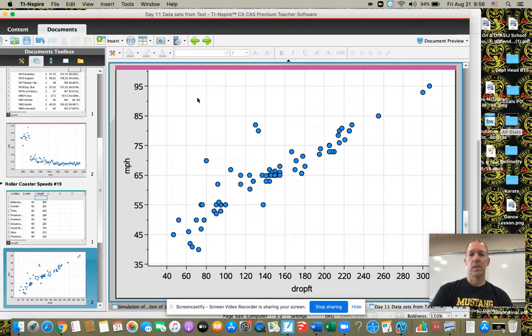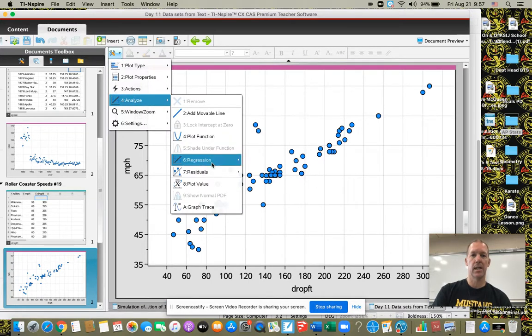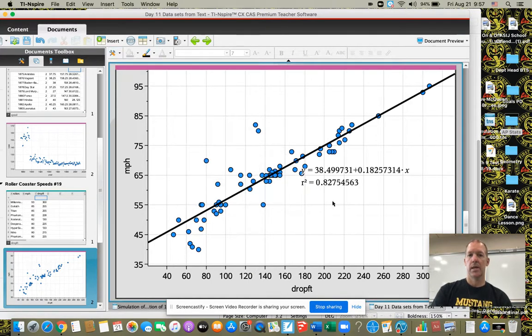So what's the center? It has a positive trend. As my X value gets larger, my Y value is getting larger in general. It has a linear pattern. It's not really curved. I mean, it's not perfect, but it has a linear pattern to it. I can go ahead and put my regression on there, analyze regression, and you'll see my R squared comes up.